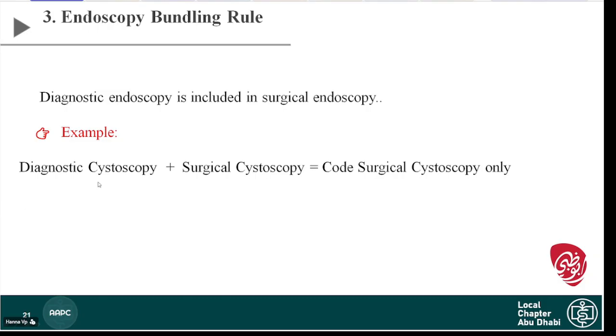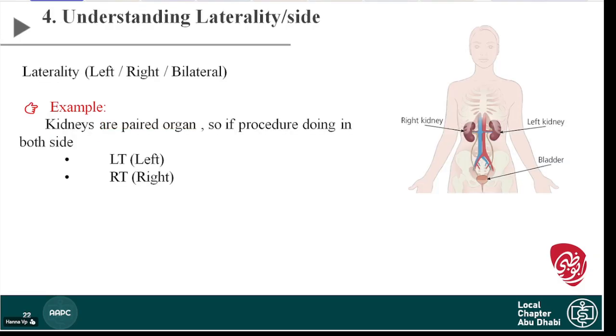If diagnostic and surgical endoscopy come together, we should code only the surgical. There is an example given here: diagnostic cystoscopy, where cystoscopy means bladder endoscope, plus surgical cystoscopy come together. Code the surgical cystoscopy only. The same thing that we discussed before. This is the third rule you should keep in your mind.